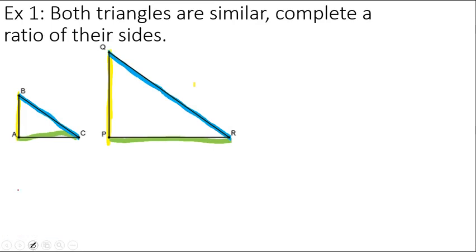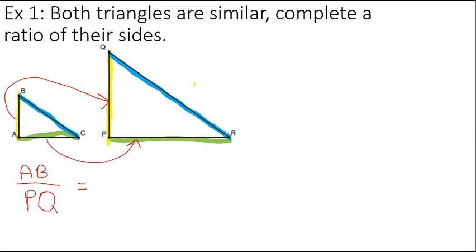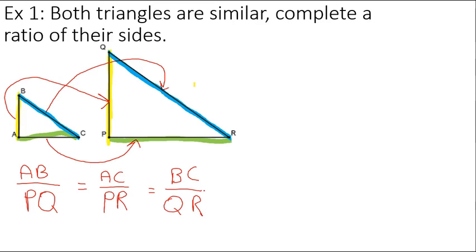All right, so when you write a ratio of the sides, this is what we mean. So I'm going to start off by putting AB over, so we know AB goes with QP, or PQ. So equals, and I know AC goes with PR, so I'm going to say AC over PR. And then the third side, BC, that goes with QR. So you say equals BC over QR.